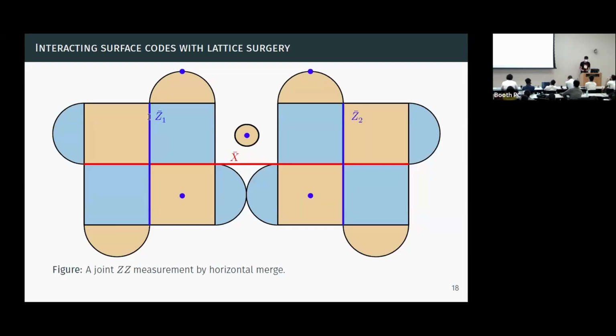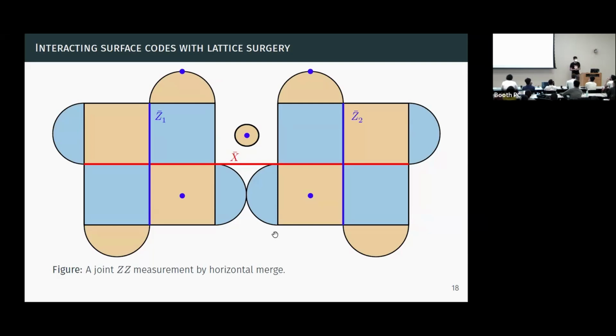Yeah, so which ones am I measuring? It's the ones with the blue dot. Those are the stabilizers that I'm measuring. 2 tops and 2 bottoms. I see there are 5 of them here. Actually, there's a 6th one here, which I forgot to draw. Yeah.